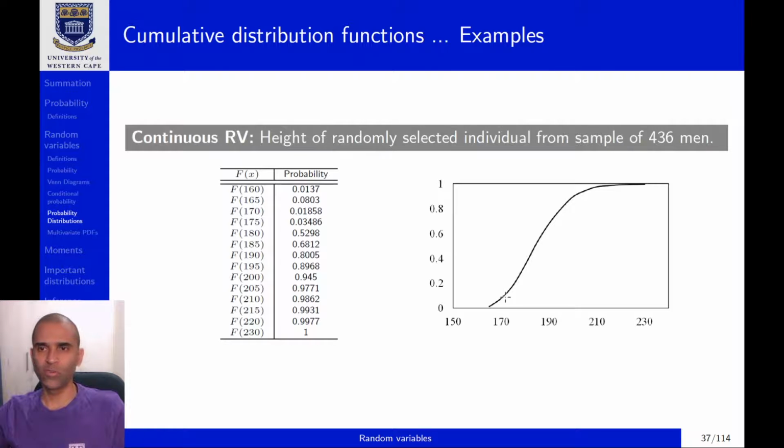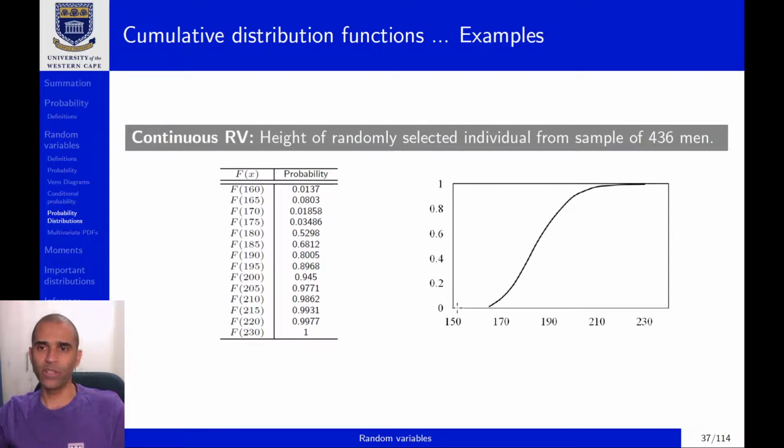The reason for this is that extreme values on either side of this distribution are quite rare.